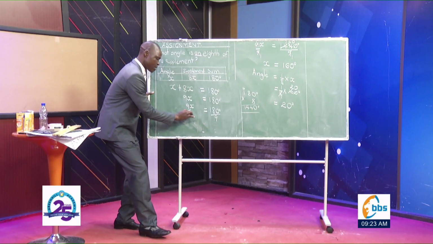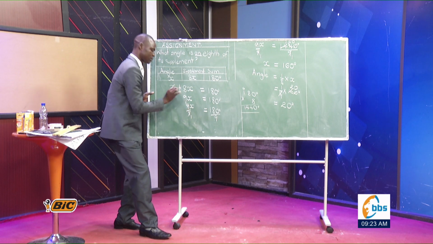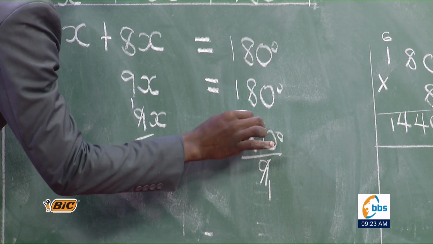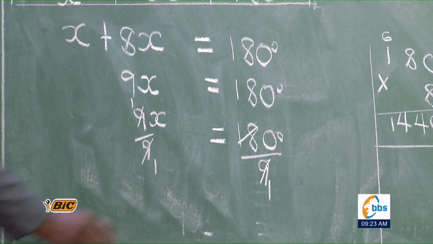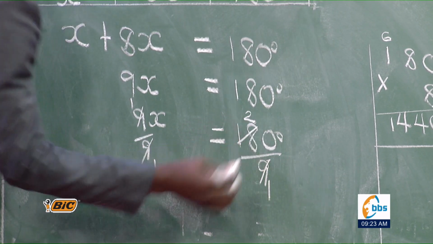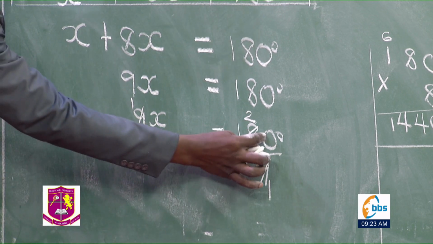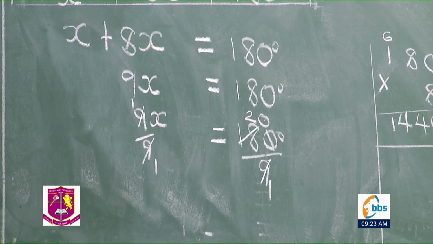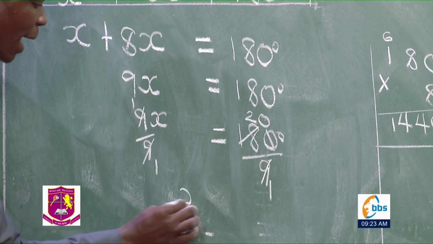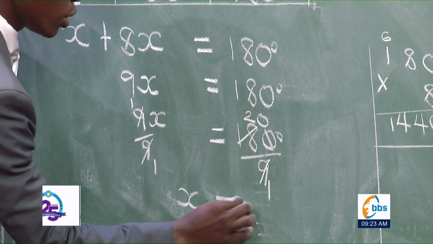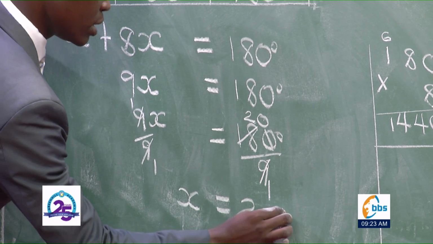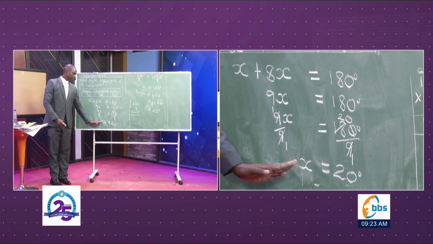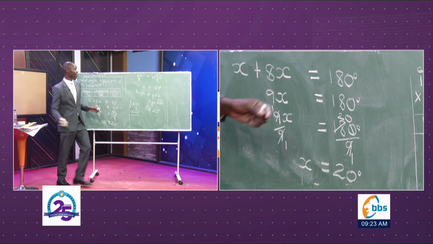So by 9 once, by 9 once. 9 goes into itself once, it goes into 18 twice. 0 divided by 9 is 0. You must cancel it. So our x is equal to 20 degrees. Therefore, you can summarize.